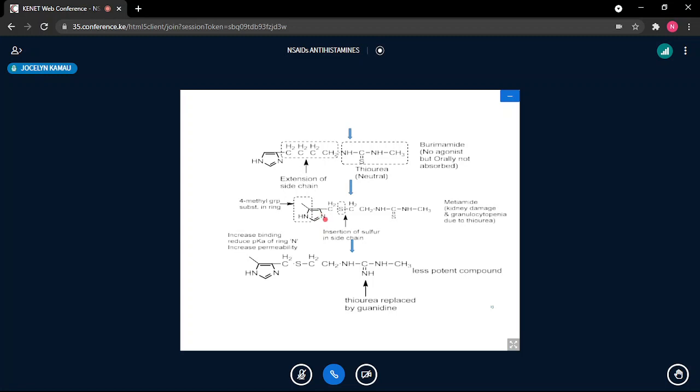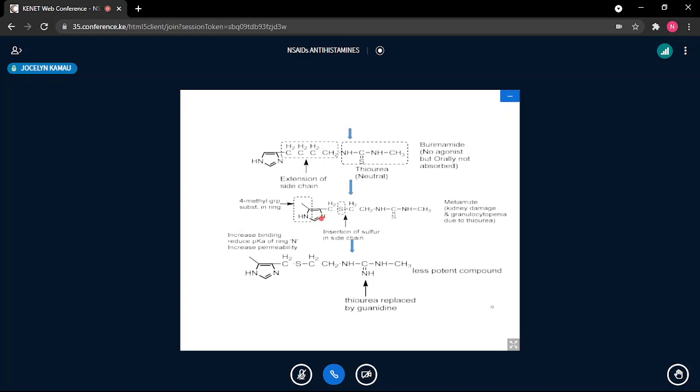It's becoming more acidic. If it is more acidic, it means it has a higher Ka and therefore a lower pKa. So we are decreasing the pKa, and in decreasing the pKa, you are decreasing its basicity.